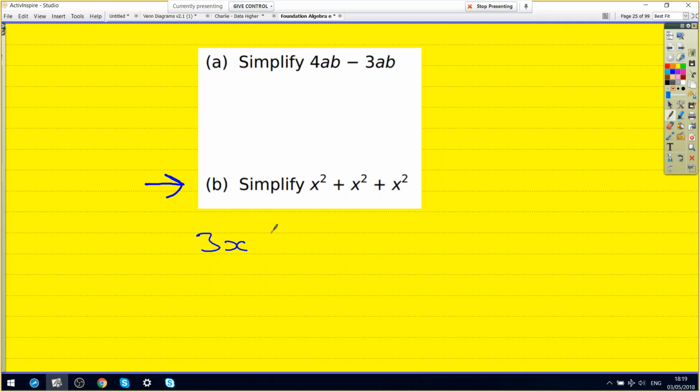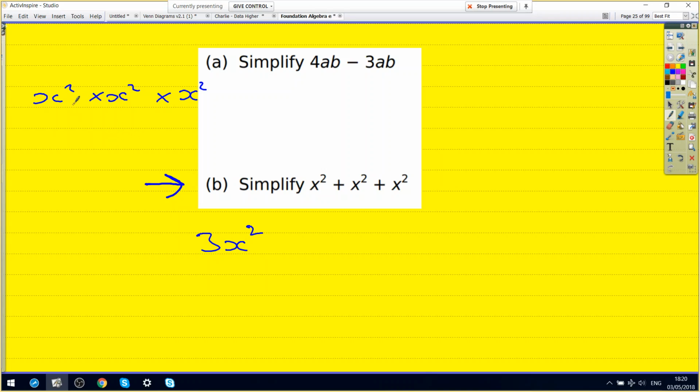Where are you getting 8? I don't know. 3x squared. Oh, yeah. So if it was x squared... 9x squared. No. Is that the answer? 3x squared. Yeah, that's the answer.